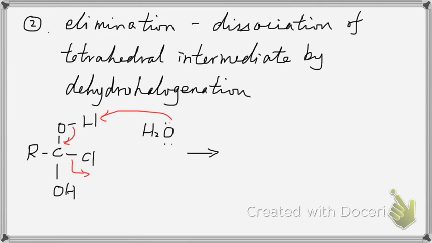The chloride leaves as the leaving group. So this mechanism is pretty much the same as the base-catalyzed dehydrohalogenation mechanism. But right now it takes place between an oxygen and a carbon.